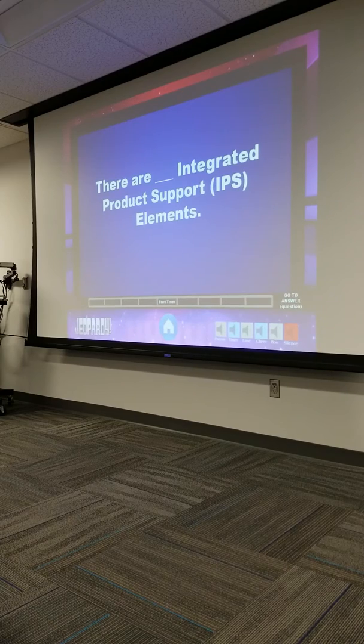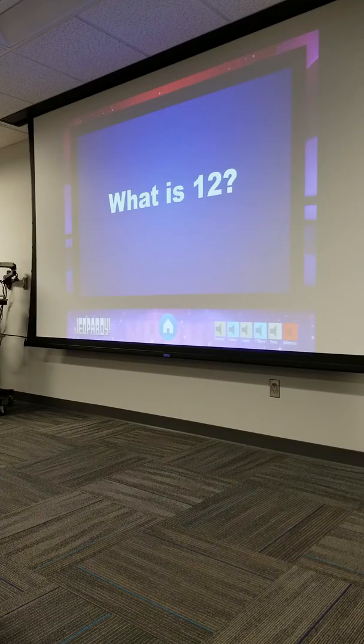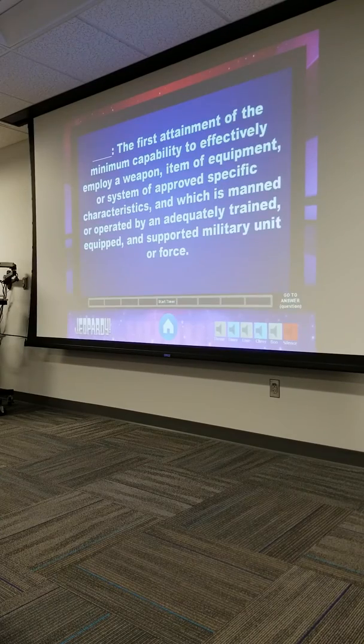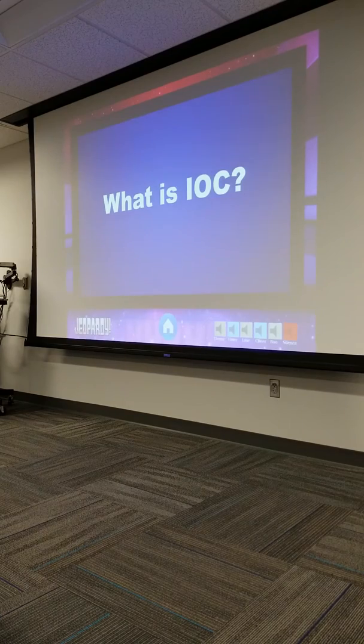There are how many integrated product support elements? 12. Two types of maintenance are preventive and repair. What is this? First attainment of minimum capability, first unit to receive your system. IOC.